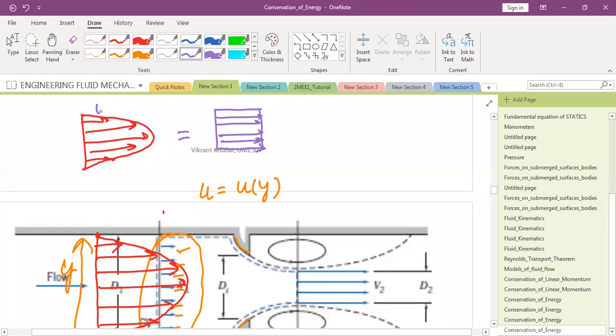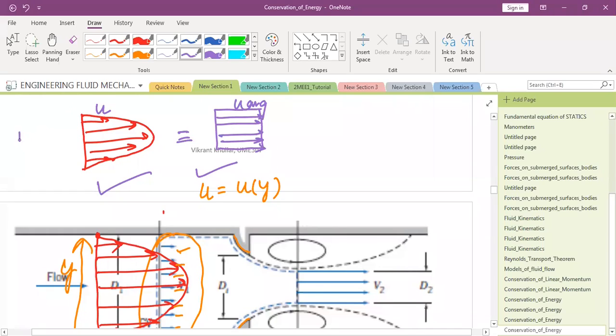So this was U, and say this is U average. Can I write down this as this? Anyone? Can I write down this equal to this?